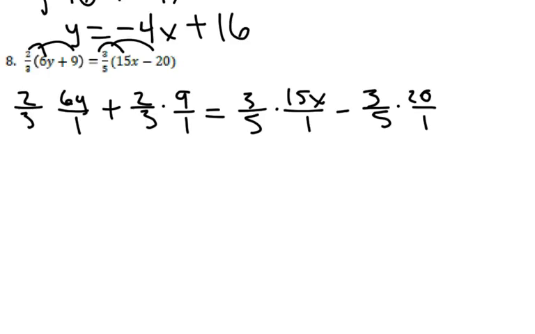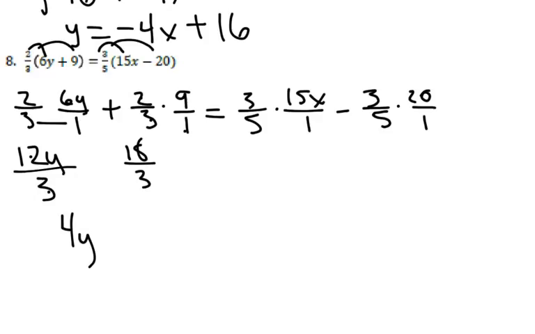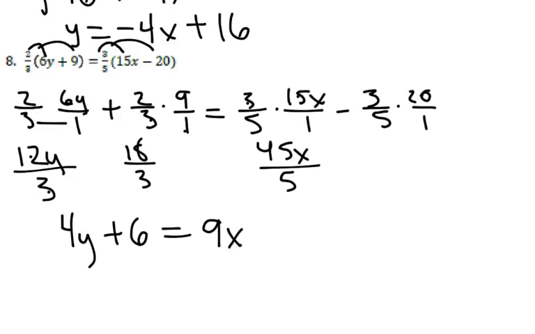If not, you just go 2 times 6, which would be 12y over 3, because 3 times 1 is 3. 12 can be divided by 3, and we end up with 4y. 2 times 9 is 18, 3 times 1 is 3, 18 divided by 3 is 6. 3 times 15 is 45x, 5 times 1 is 5, 45 divided by 5 gives us 9x, minus 3 times 20 is 60, 5 times 1 is 5, 60 over 5 is 12.